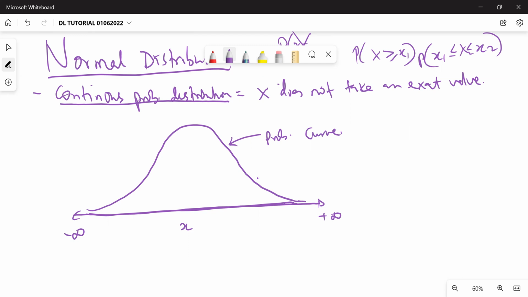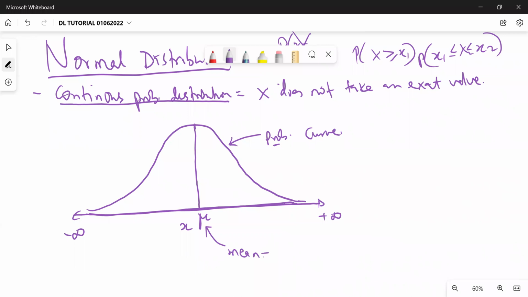Then it happens that the highest point of this curve corresponds to a point here which we call mu. This is the mean. And this being the highest point of the curve, if you assume this is a frequency curve, if it was not a probability curve, this will still be the highest point of the curve.